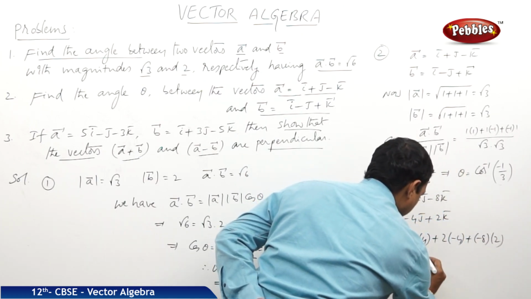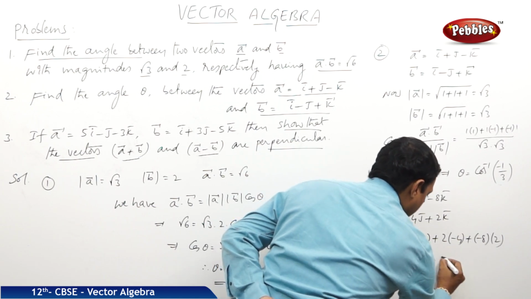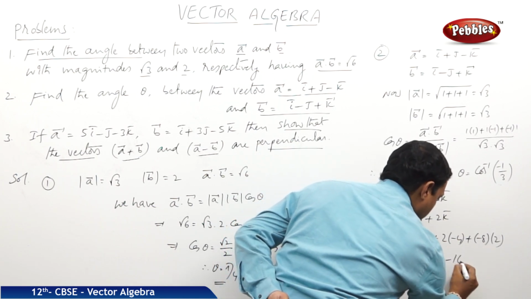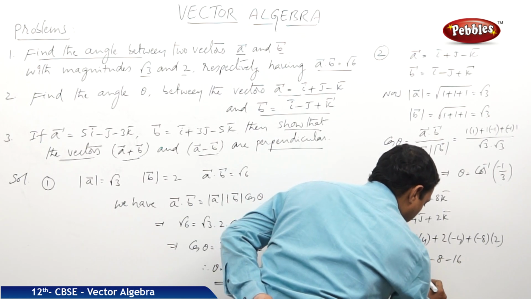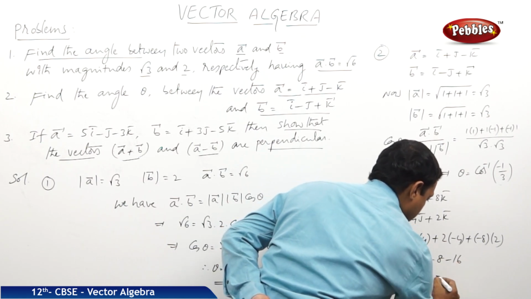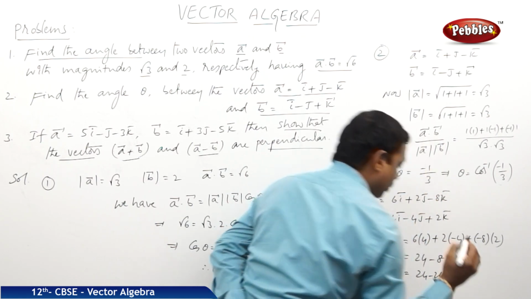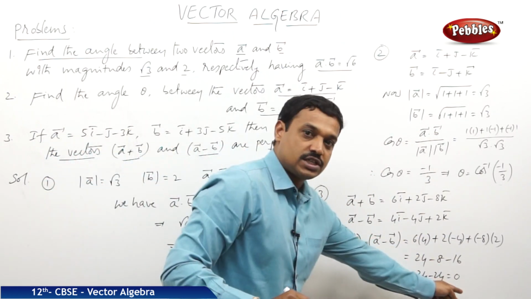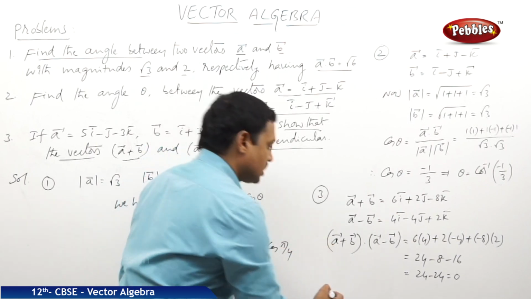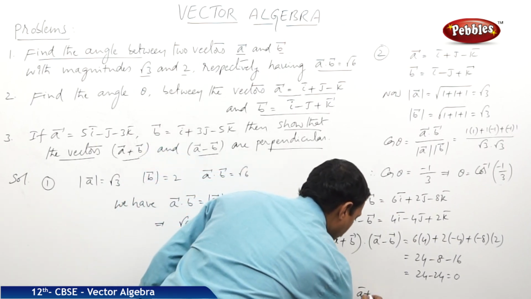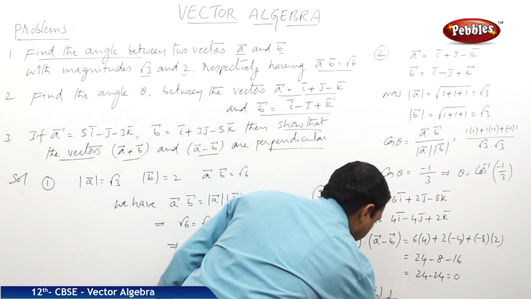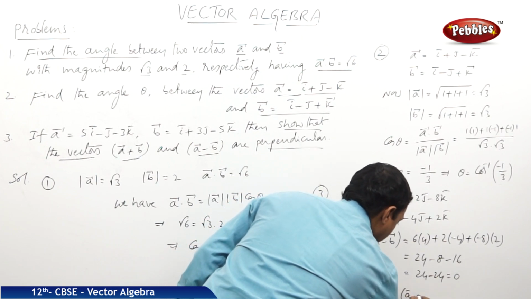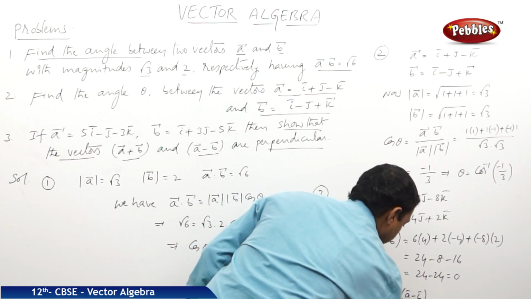It is 24 minus 8 minus 16. 24 minus 8 minus 16, minus 24. 24 minus 24 gets cancelled, 0. Since the dot product of the two vectors is 0, hence the two vectors are perpendicular. Therefore, a plus b vector is perpendicular to a minus b vector. That's all.